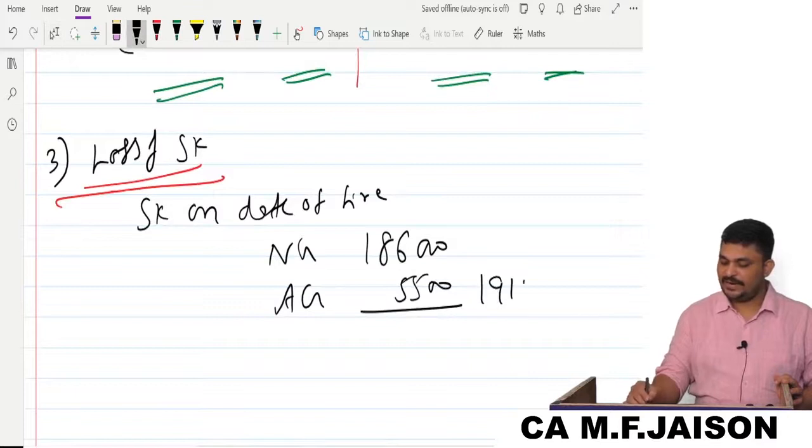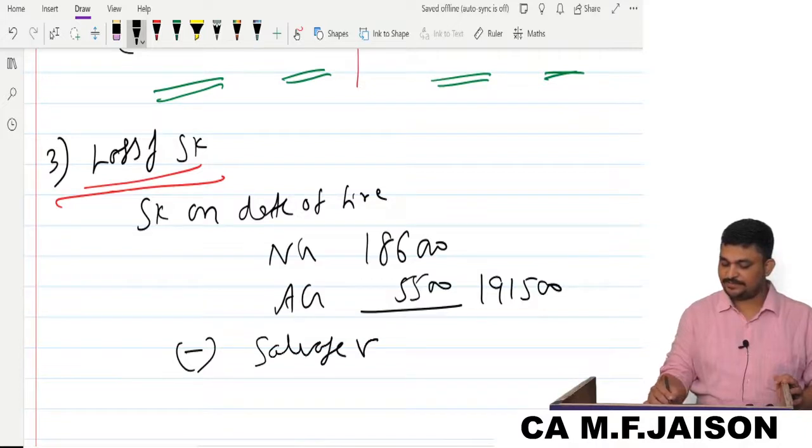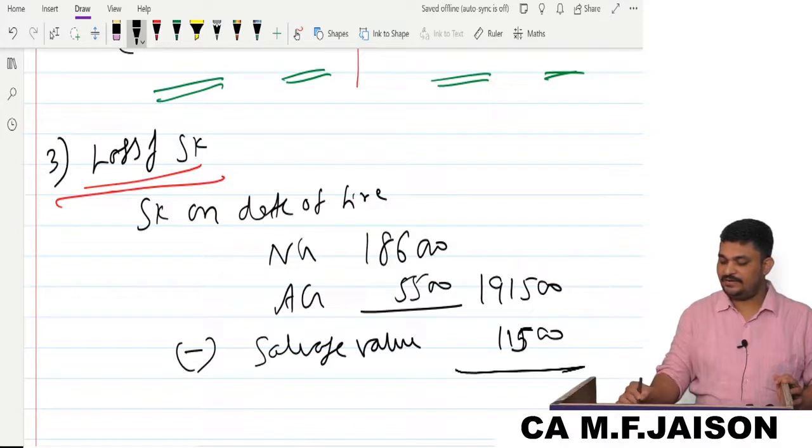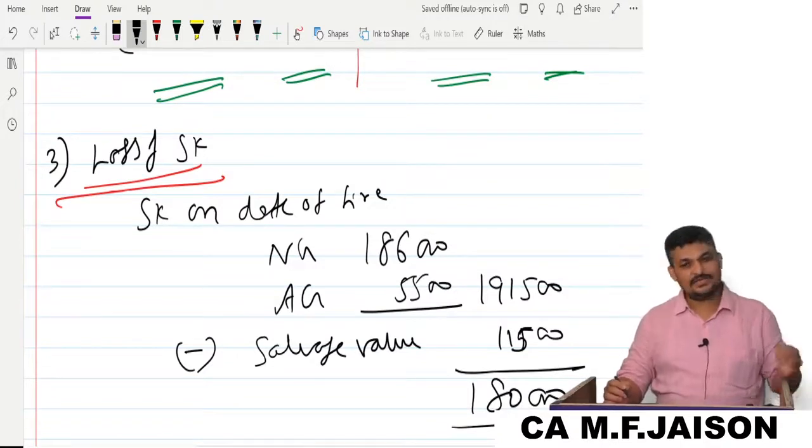Total 1,91,500 minus salvage value 11,500. So the answer will be 1,80,000 is the loss of stock. That is the question. They didn't give you policy amount and claim amount, etc.